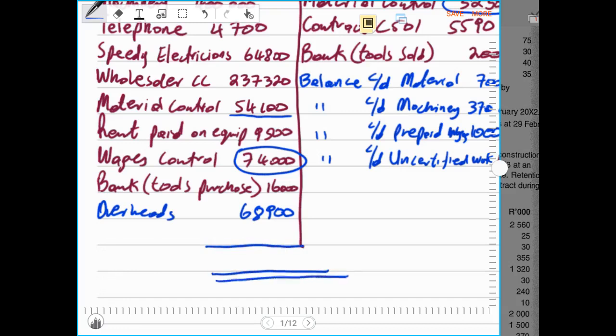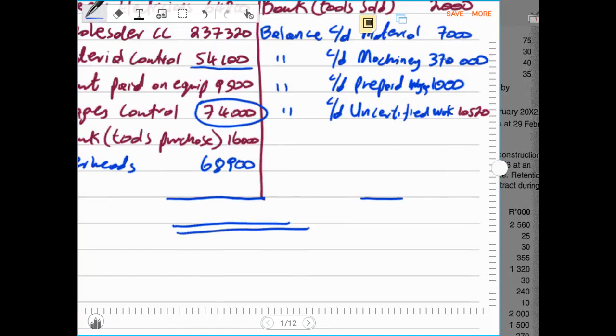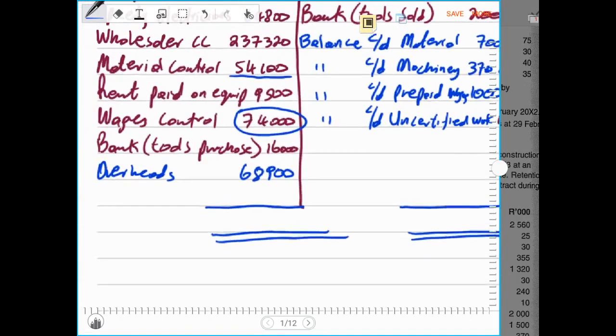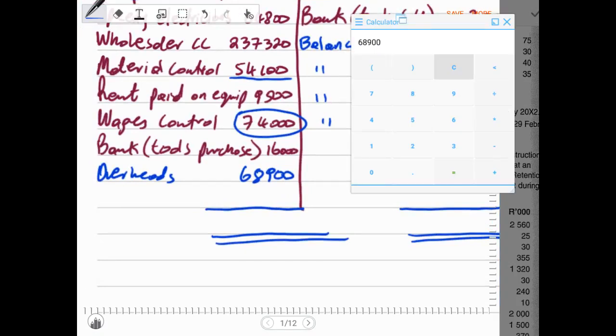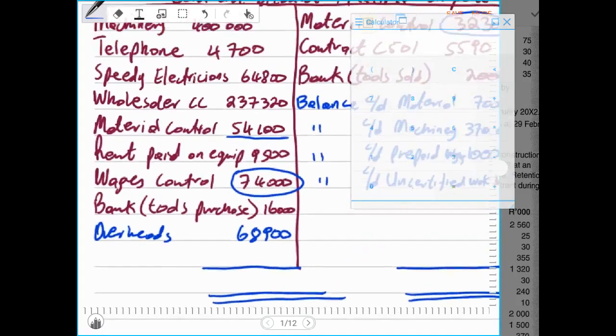And from here now, I can calculate the total for this contract, total of all the expenses, and also record at the same time the value of the work that was certified. So now let me calculate the total of all the debit side, and in doing so we start from the beginning.